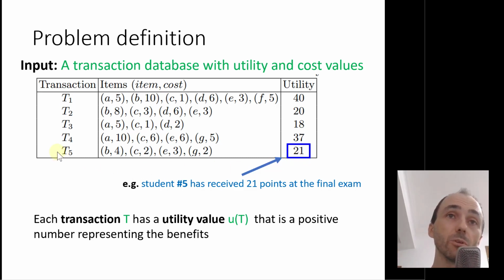So for example, student 5 did many activities and this is the benefit. You got 21 points at the final exam. Okay, so we have also utility. So here, one thing I want to say, the utility is not exactly like in high utility item set mining. Here the utility is for the whole transaction, it's not for each item.